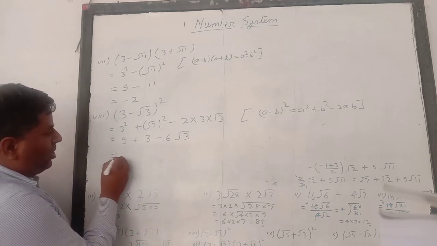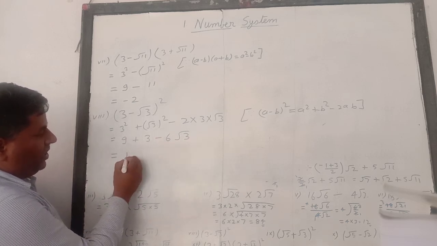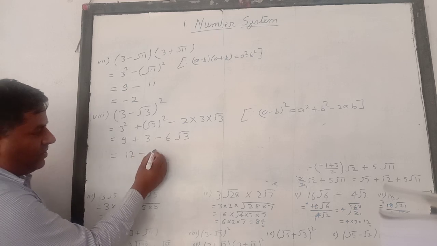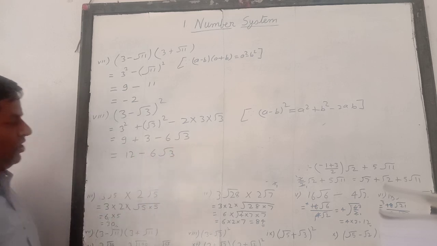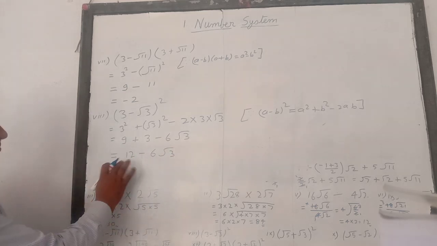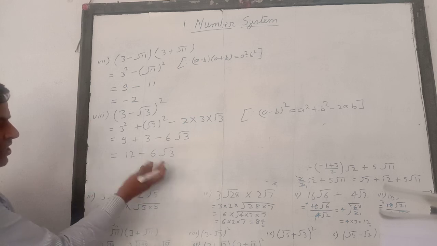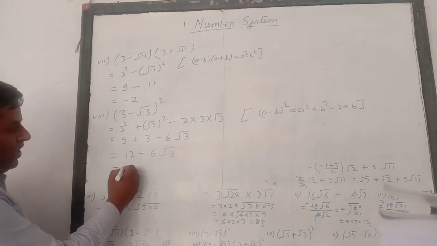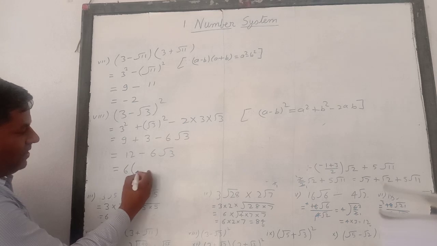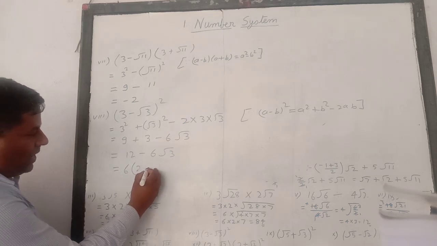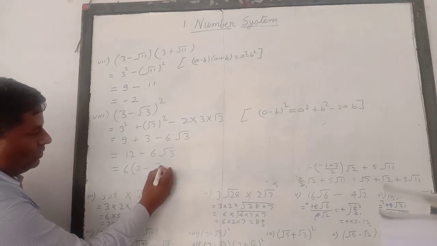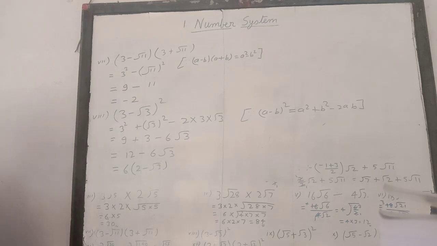So what can we write here now? 9 plus 3 is 12 minus 6 root 3. There are no common terms, but we can take 6 as common also. If we take 6 as common, then it can be written as 6 into (2 minus root 3). So this is our final answer.